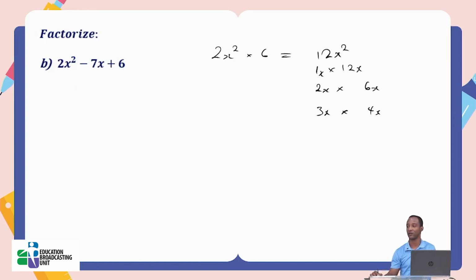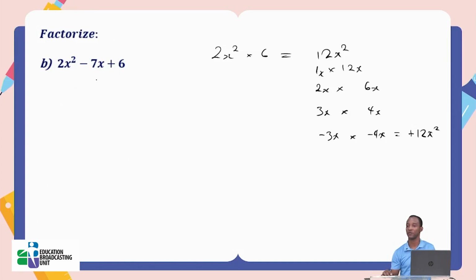Now you might be asking, how could I add 3x to 4x, or 2x to 6x, or 1x to 12x and get the negative 7x? Well, we'll look at the fact that when we multiply two negatives, we get a positive. So if we have negative 3x multiplied by negative 4x, we will get a positive 12x squared as well.